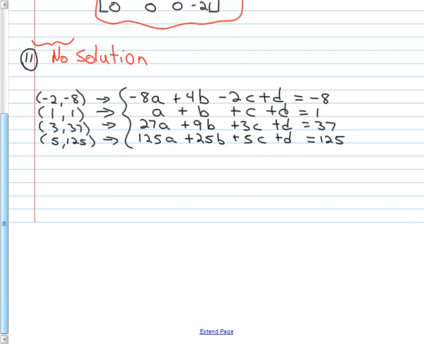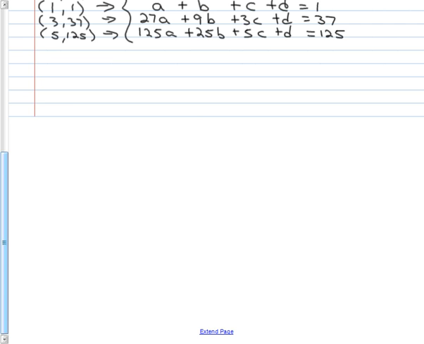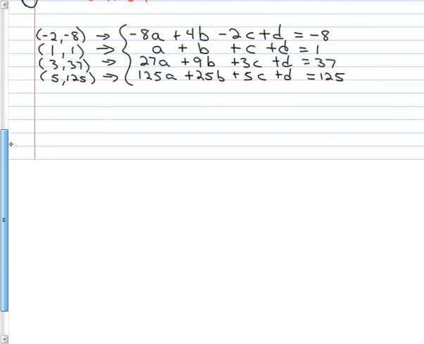How did they say they wanted this solved? Inverse matrices. Now, I want to set this up with what we are doing. We are going to have the coefficient matrix: negative 8, 4, negative 2, 1, 1, 1, 1, 1.